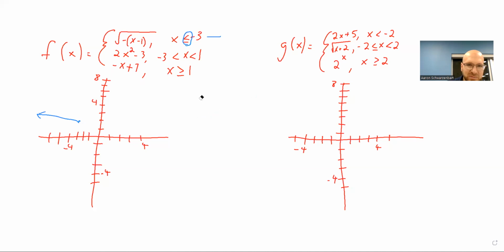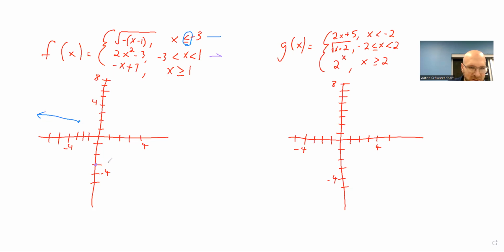Now we're going to move on to piece 2, which is a quadratic. I'll do that in a different color. Here, a quadratic I know is in x squared, and it's shifted down 3. This one goes from -3 to 1, so I can just kind of keep that.